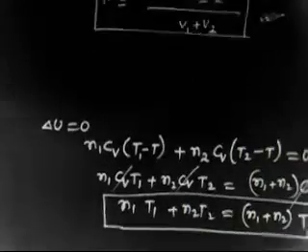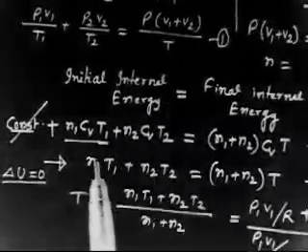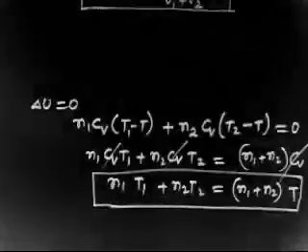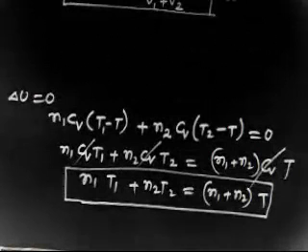So there are two ways to write the same equation. You can either write change in internal energy 0, or you can write absolute internal energy with constant. Constant gets cancelled out. We'll discuss the next problem.